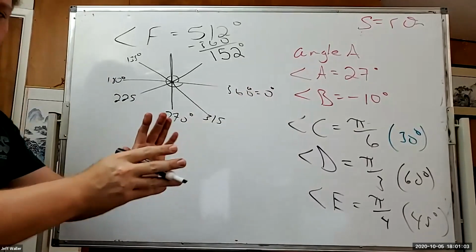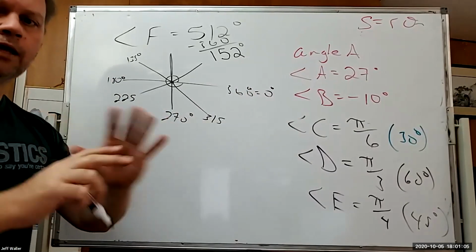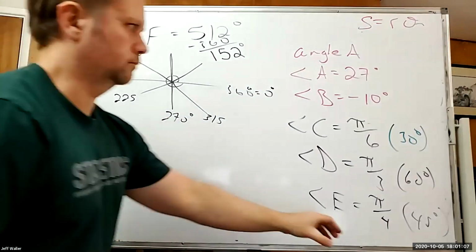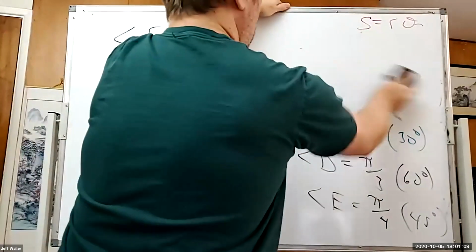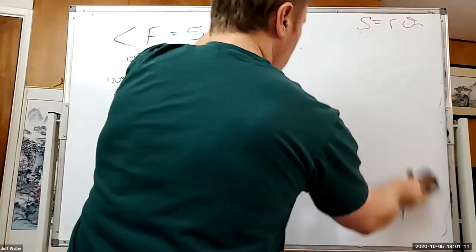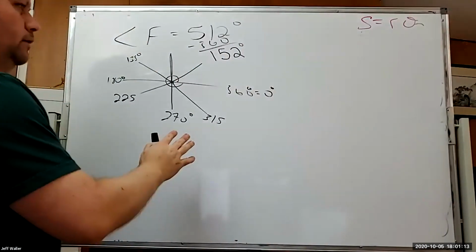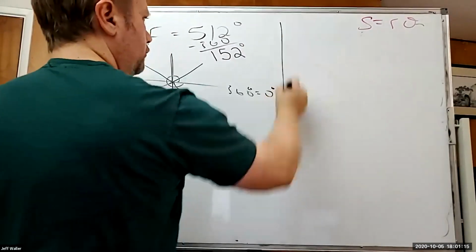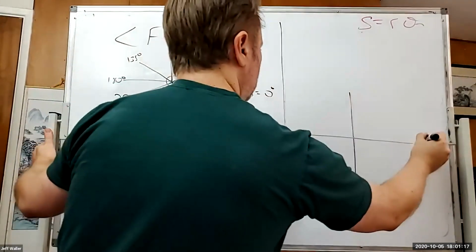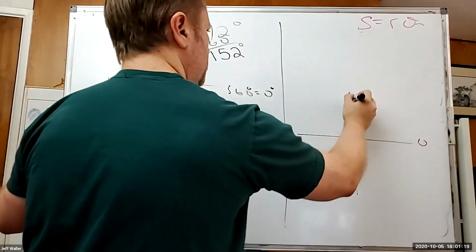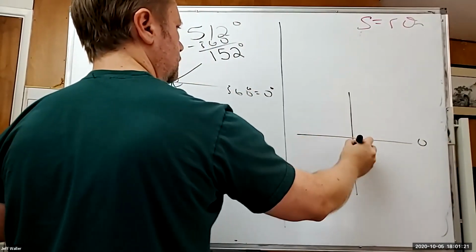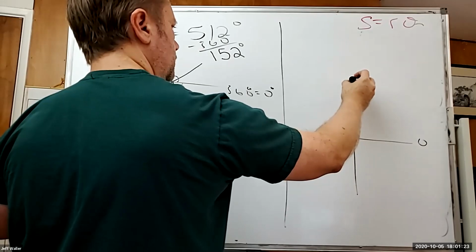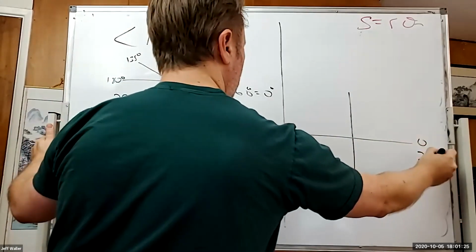So let's do the whole thing again with radians. I want you to start messing with radians by itself. So if I do radians, this is 0. What would this be? What's 90? Let's work backwards.